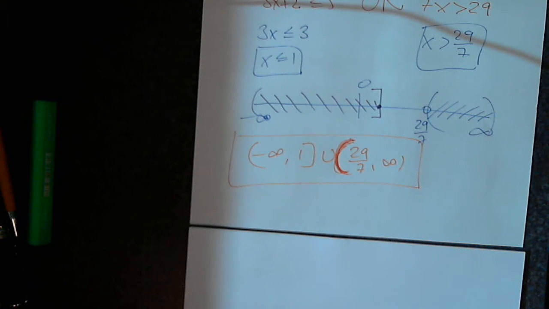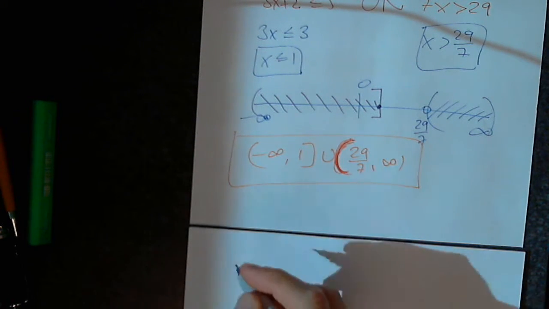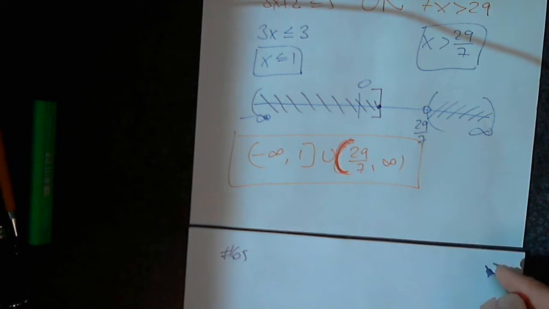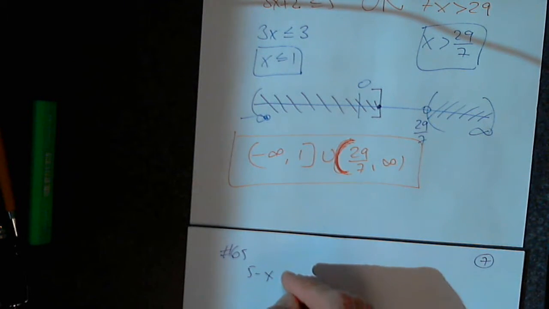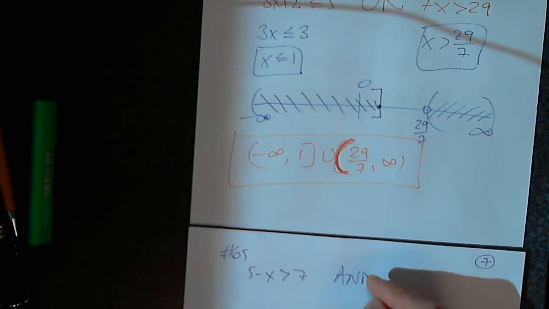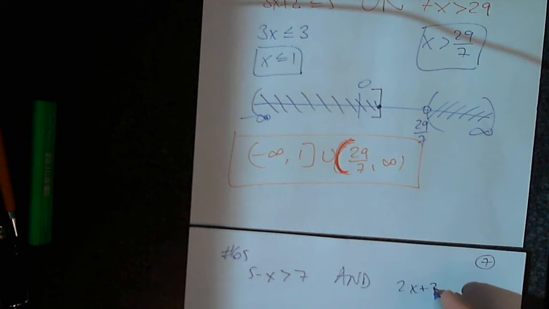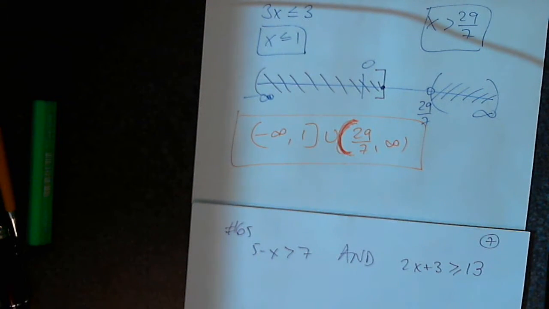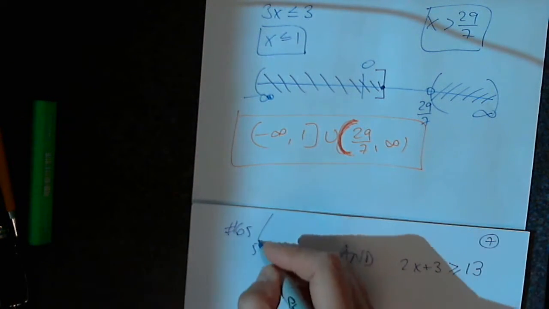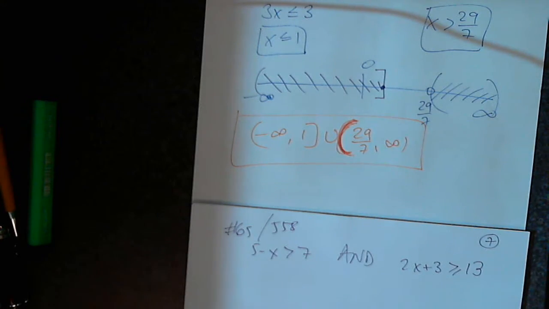Let's look at another couple of problems, and then, yes, let's do 65. And then I'll explain and I'll show you examples in which this is extremely useful. Same page, 558.